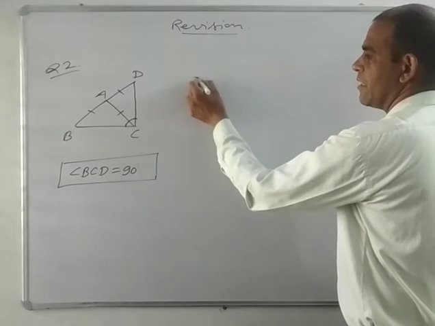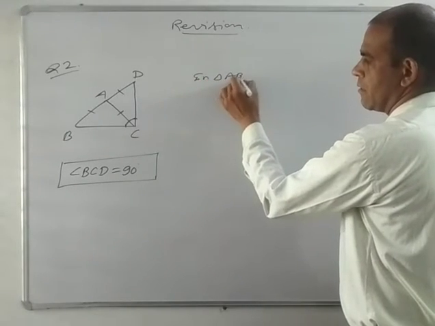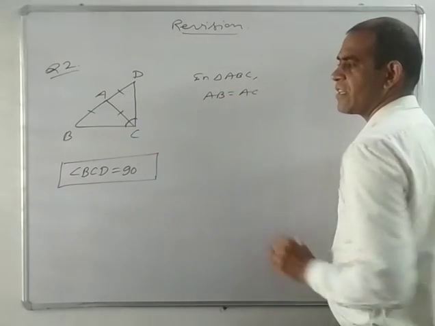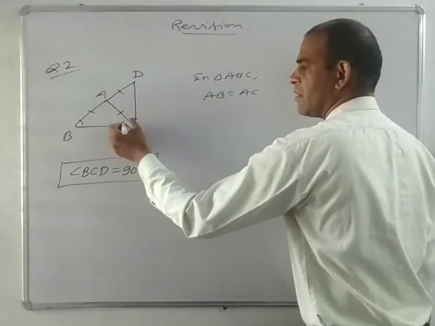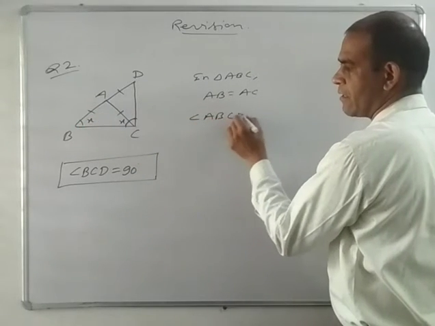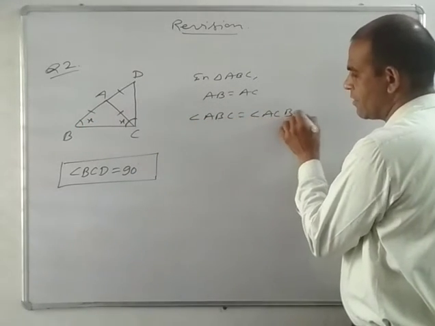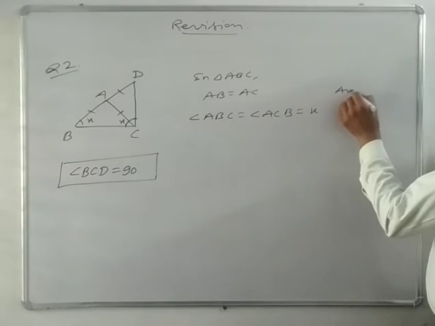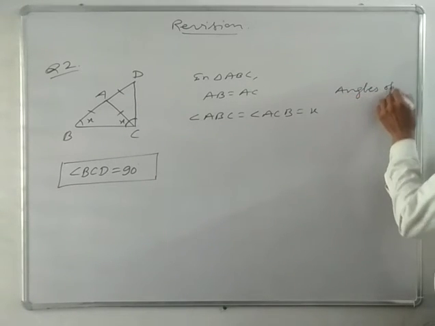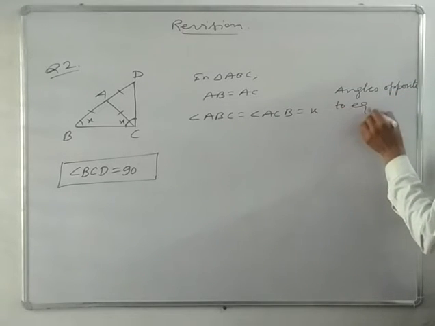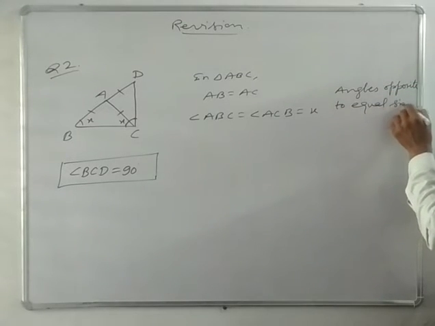So here in triangle ABC, AB equals AC, these sides are equal, so its angles are equal. Angle ABC equals angle ACB, both are equal. The reason is angles opposite to equal sides are equal.